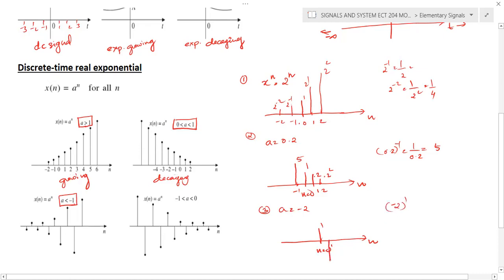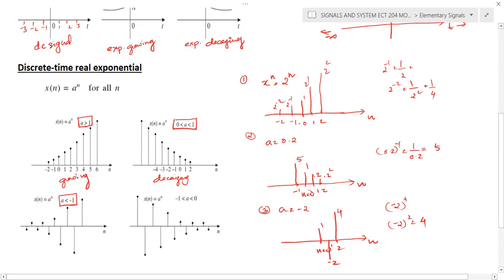So you need to draw a line like this, at minus 2. Next, at 2, minus 2 the whole squared, so you'll get a positive value, 4. So the next value will be like this. You'll get alternating plus and minus values. That's why it follows this particular behavior, and it's a growing signal. It's growing, but alternately positive and negative. For odd values of n, the function value becomes negative.